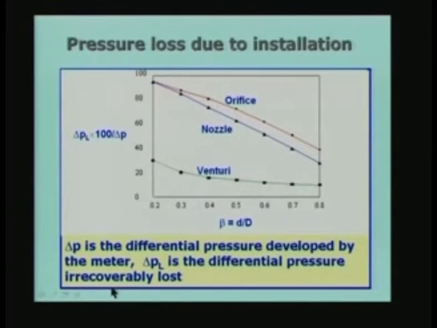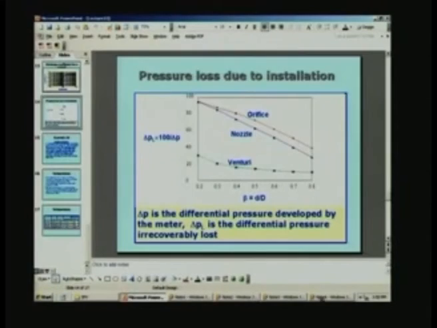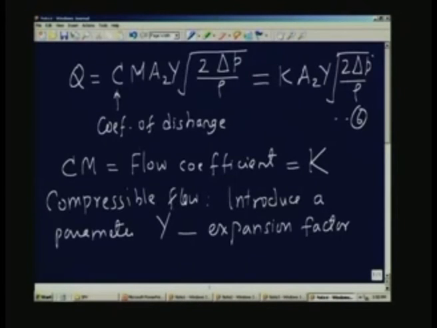So, the pressure has to recover. The pressure recovery process is not the same in all the 3 cases. Let me digress a little bit and show what happens to the pressure recovery.